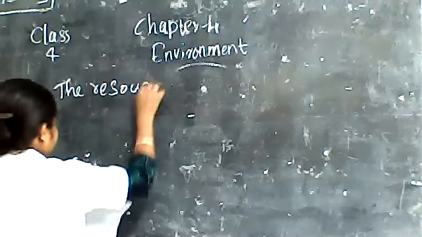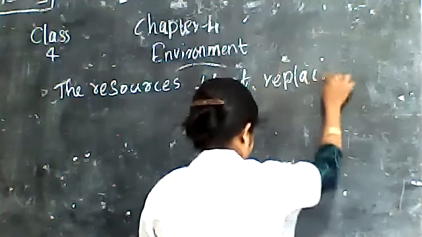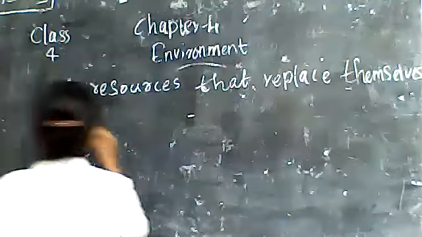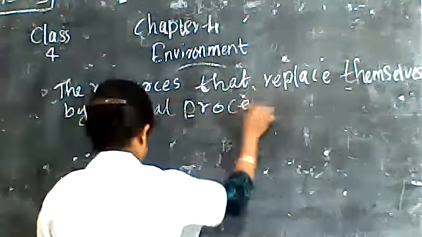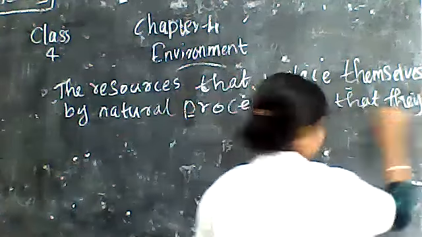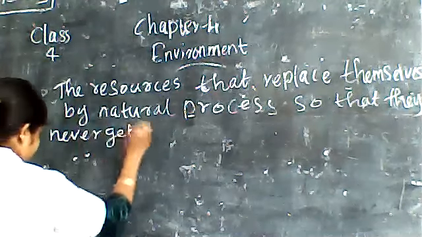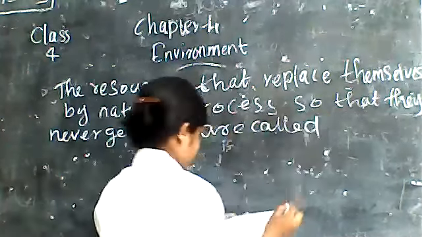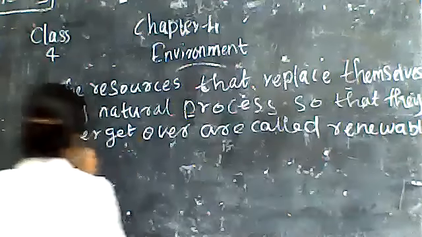The resources that replace themselves by natural process so that they never get over are called renewable natural resources.